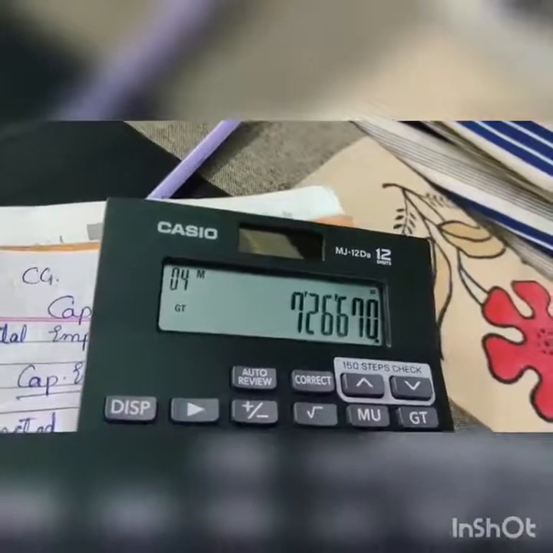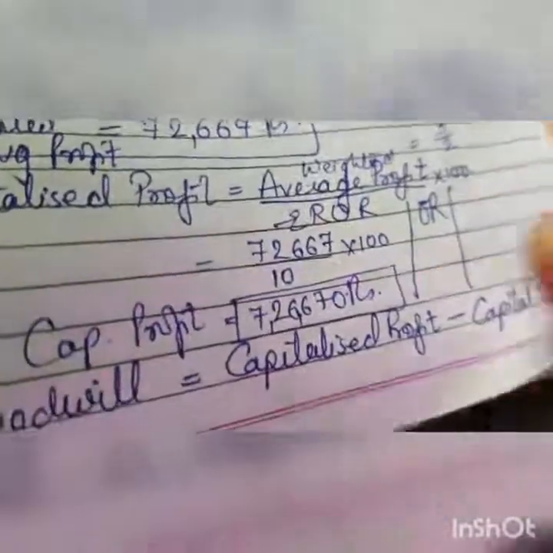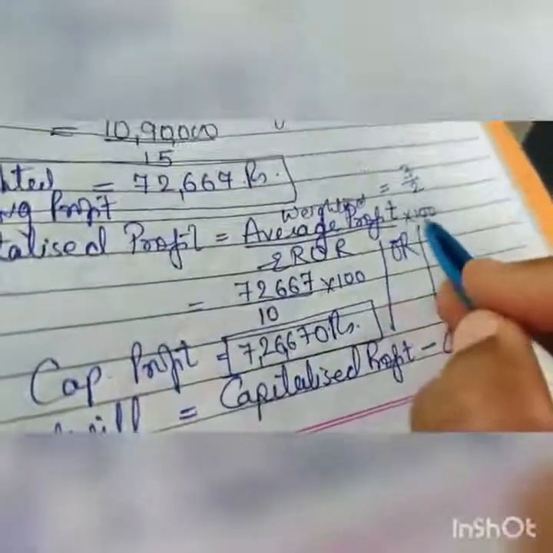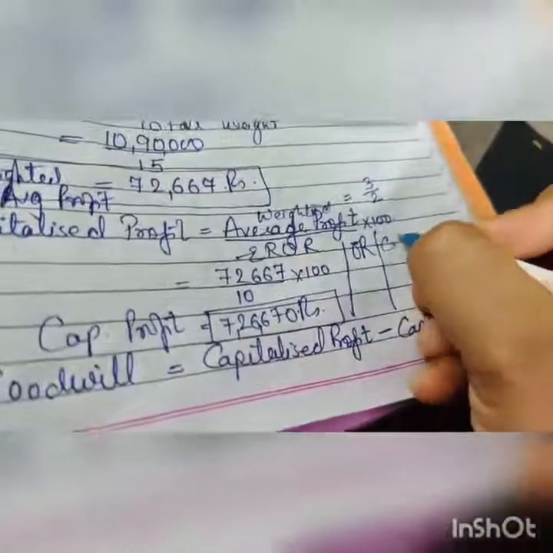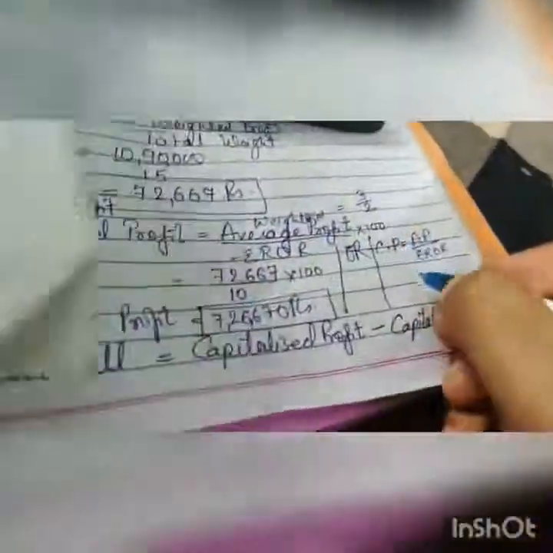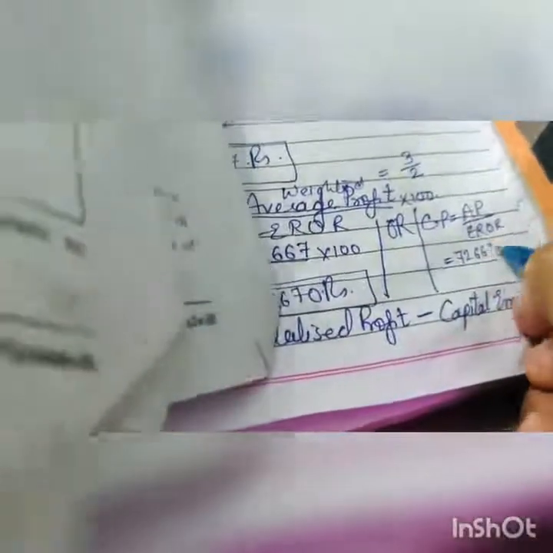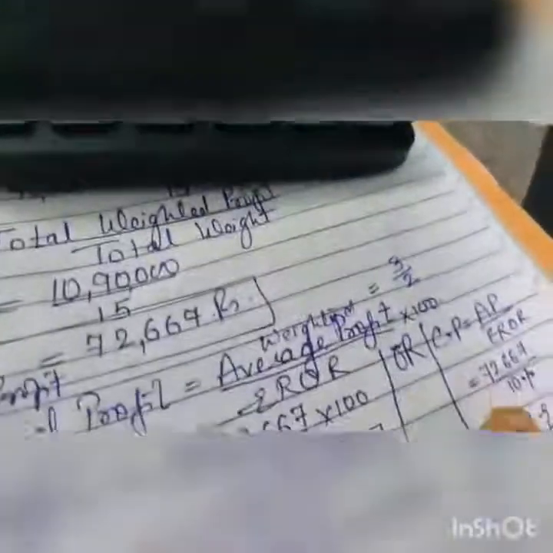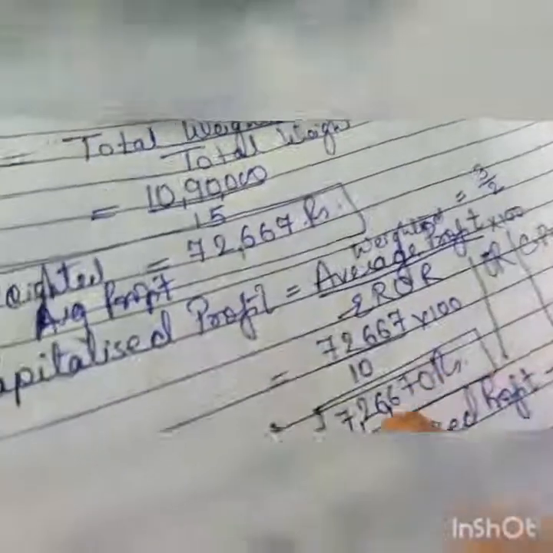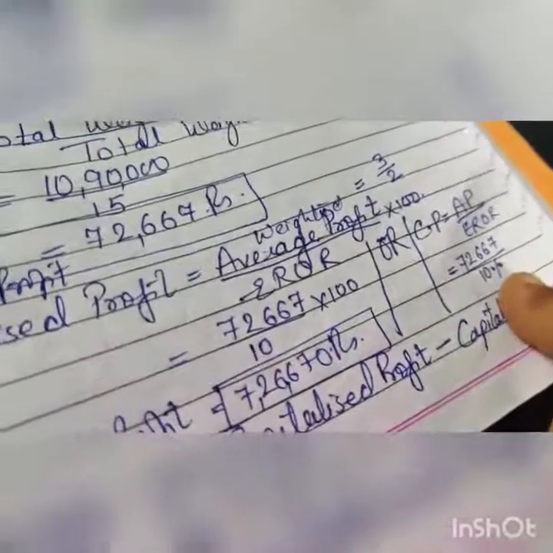Now the option, I'm showing you, that it is C. This was the answer. Now in another option I am showing you that if I am not writing this 100, then my formula of capitalized profit is average profit upon expected rate of return. No need to multiply it by 100. So see, now what I will do is 72,667 divided by 10%. If you are writing your percentage sign, then there is no need to write down this 100. See, here I have not written the percentage sign and here I have written the percentage sign.